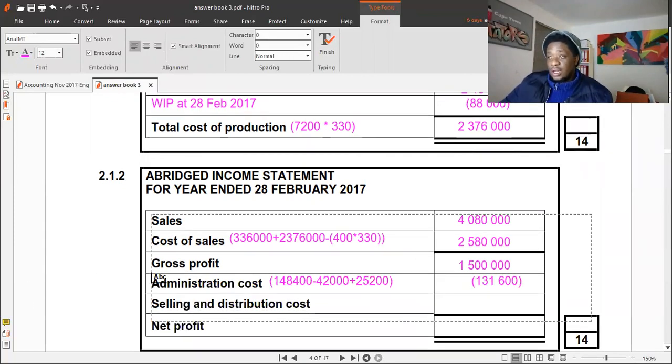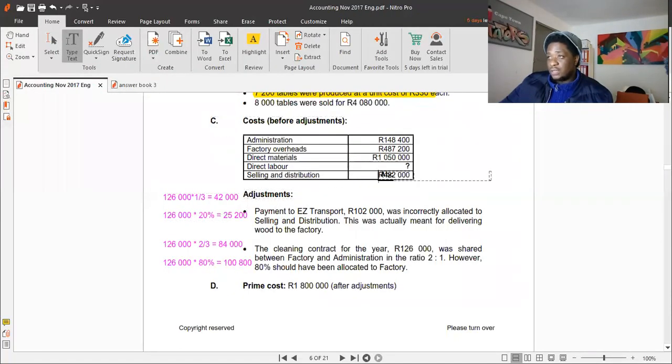And then after that, you will have a selling and distribution cost. We have been given a selling and distribution cost of 422,000. And then we're given information here that payment that was made to pay for wood for the factory was instead included in selling and distribution, and therefore we just need to subtract that cost.